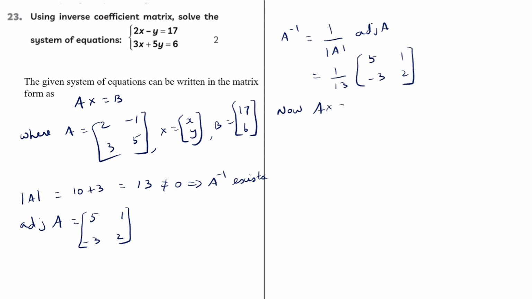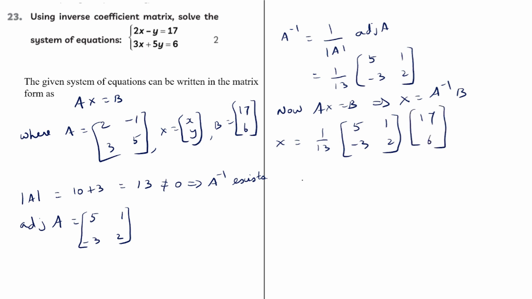Now AX = B implies X = A inverse B. So we have X = 1/13 into [5, 1; -3, 2] into B. B is 17, 6. So this is 1/13 into [5 into 17, 85 + 6; -3 into 17, -51 + 12].